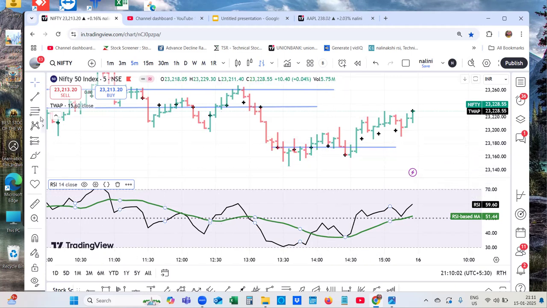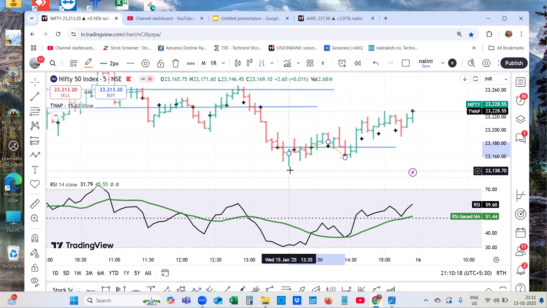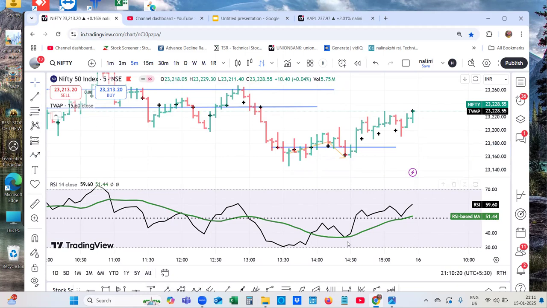Even if I draw a structure for this, this is a higher low in the price action. Correspondingly, you are seeing RSI making a higher low. It has not come down. So this is the confirmation. This is how you can enter into the trade.